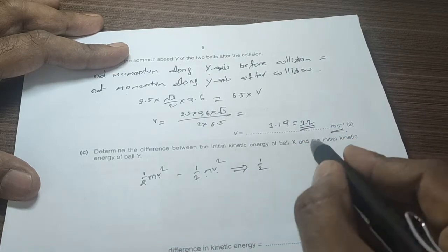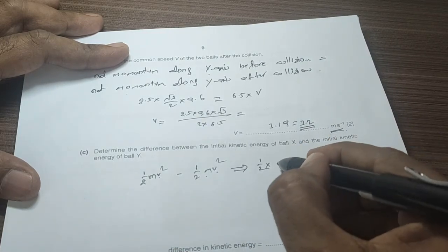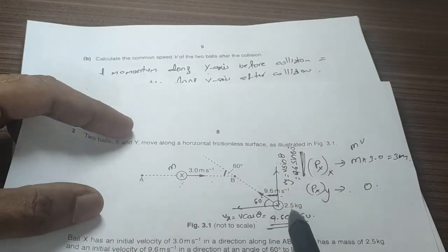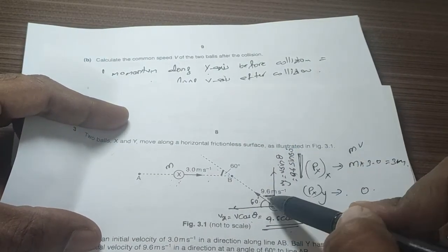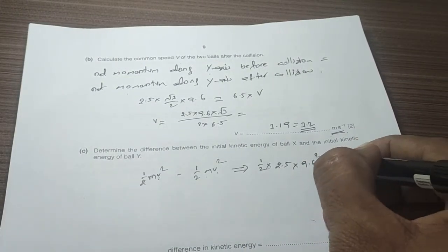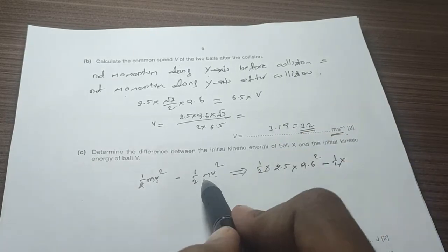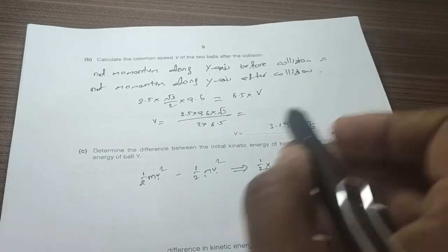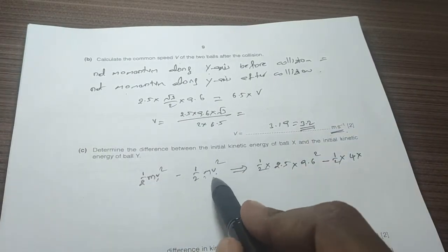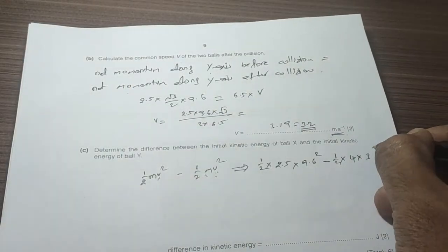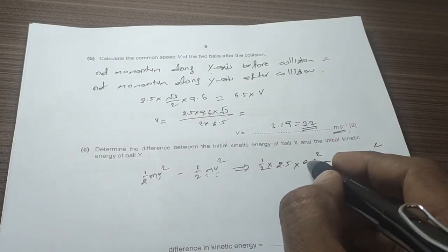So that is equal to half times the mass of Y, 2.5, times the velocity of Y before collision, 9.6 meters per second, squared, minus half times the mass of X, which we just found is 4 kg, times the velocity of X before collision, 3 meters per second, squared.